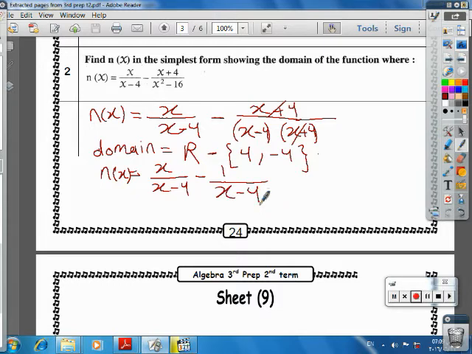Now we subtract two fractions and the denominators are similar. Then the solution is x minus 4 in the denominator and x minus 1 in the numerator, and that is the final solution to exercise 2 on page 24 in the sheet.